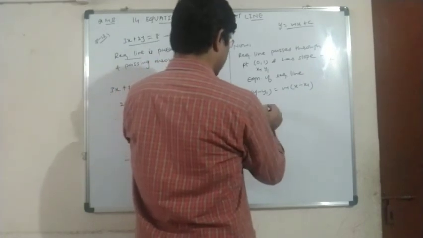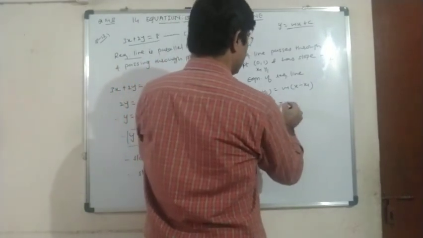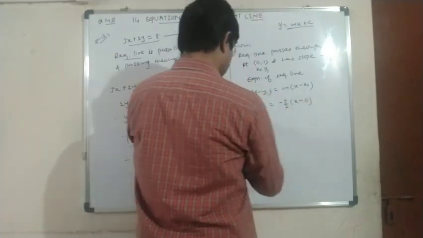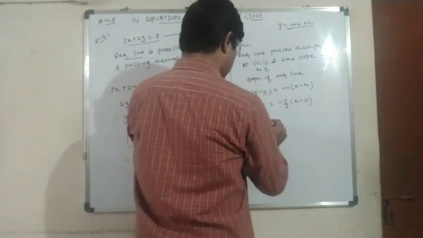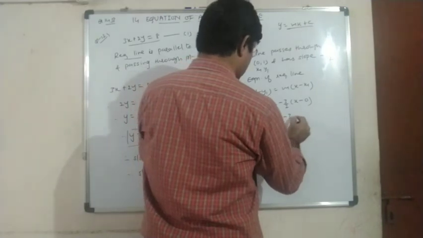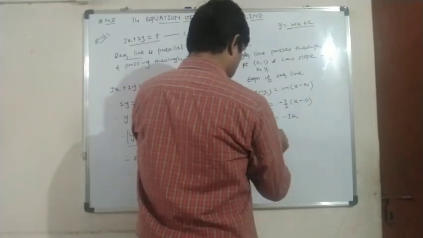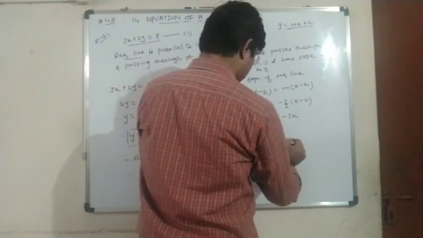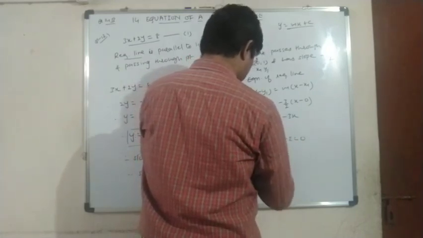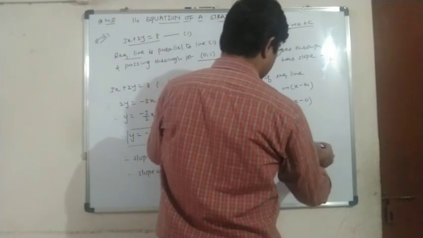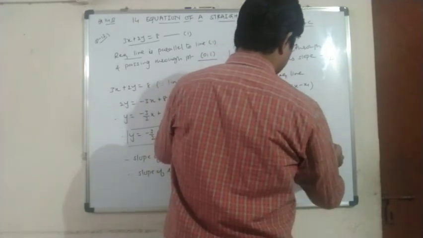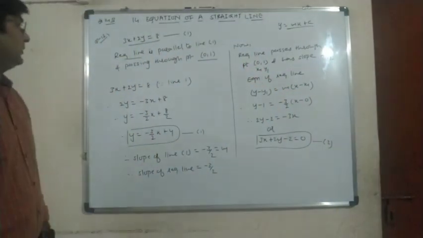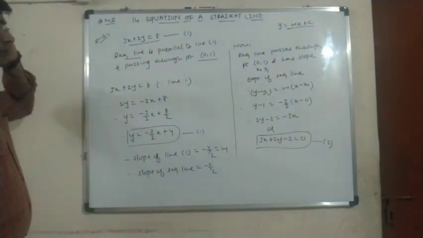So y - 1 = -3/2 (x - 0). Therefore 2y - 2 = -3x, or 3x + 2y - 2 = 0. So this is the equation of the required line. Clear?